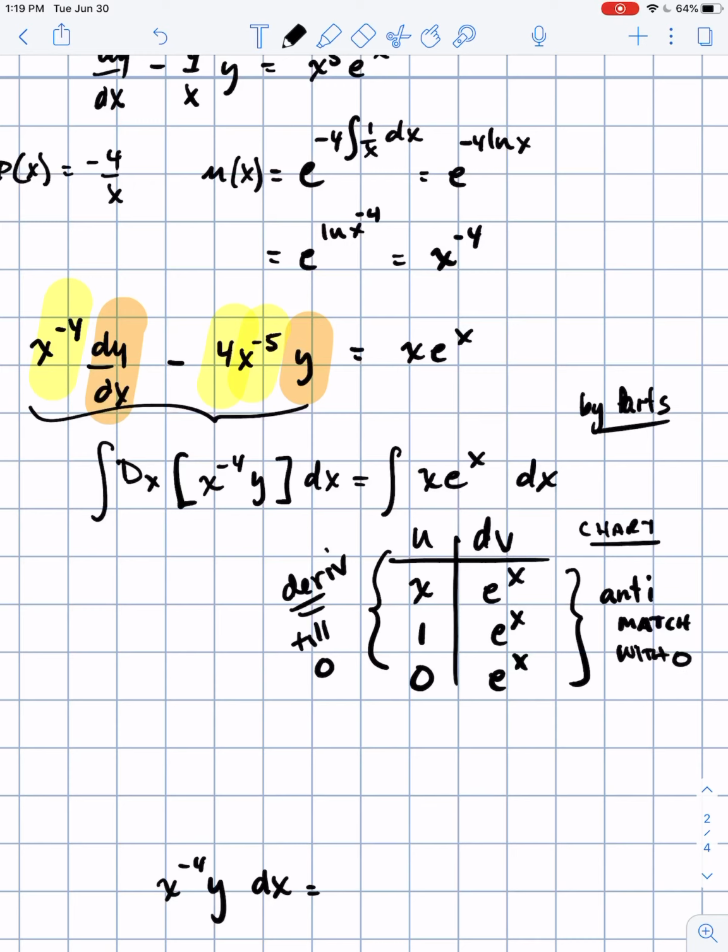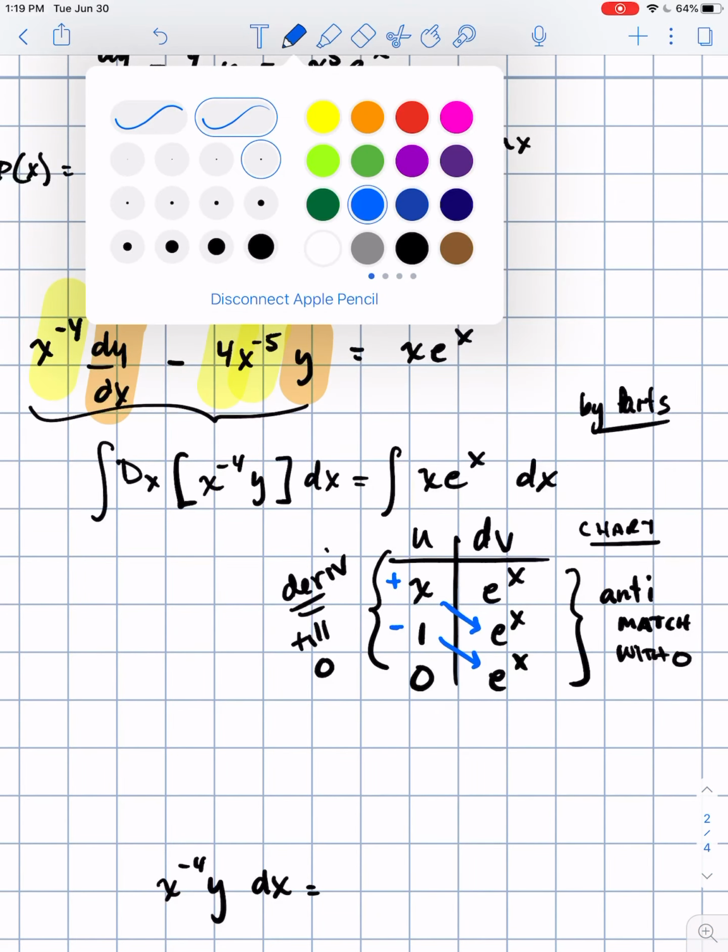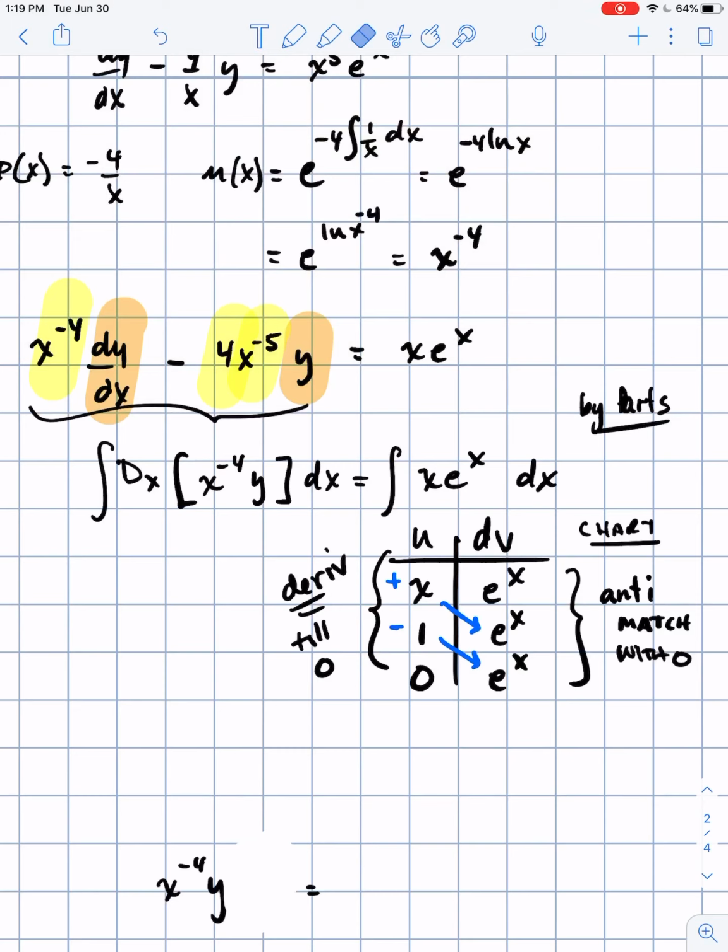Now, let's use blue. It starts with plus, minus. So what I'm going to have as my antiderivative there, I don't need that.